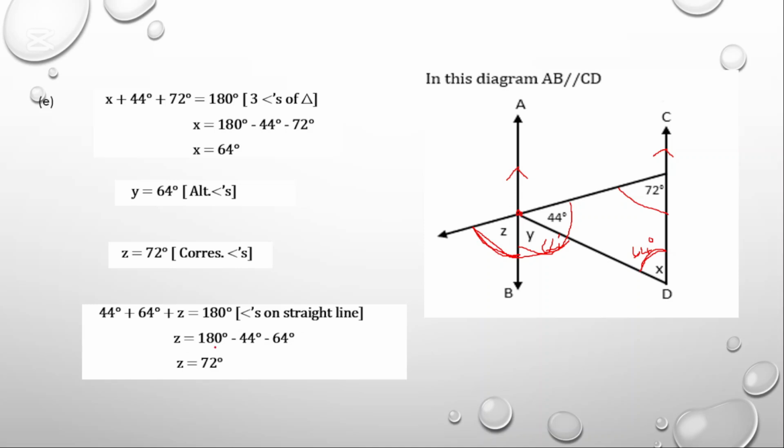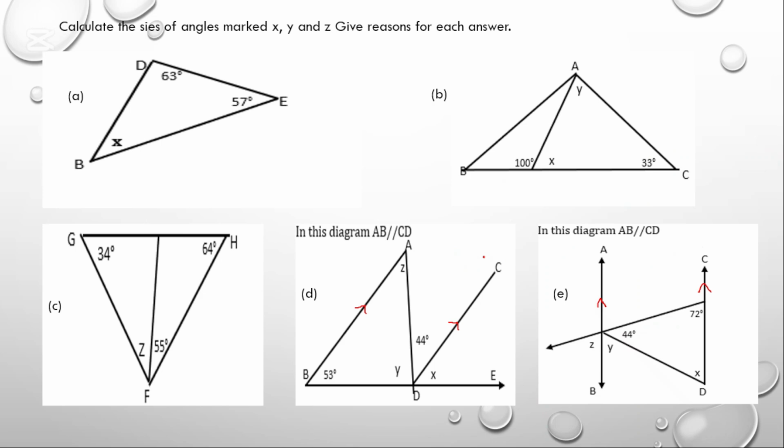So Z is equal, and we subtract the 44 and the 64 from 180, and Z is equal to 72 degrees.